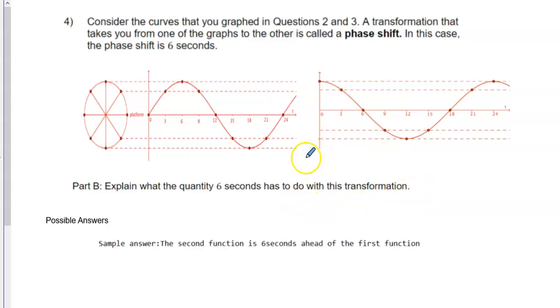And so this is what we discussed in the earlier slide, right? The second function is 6 seconds ahead of the first function. Or you can say that the first function is 6 seconds behind the second function.